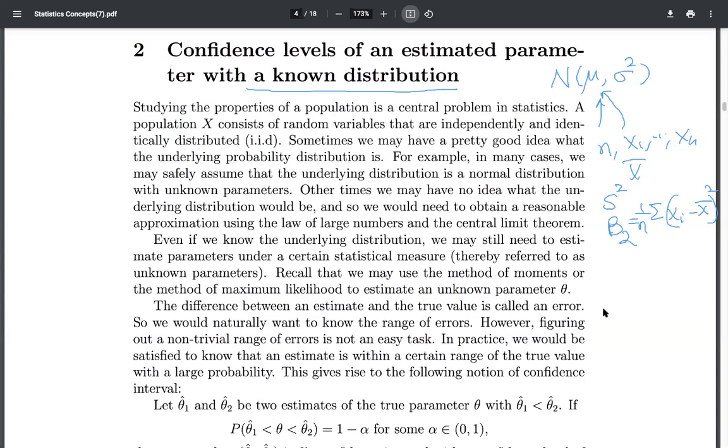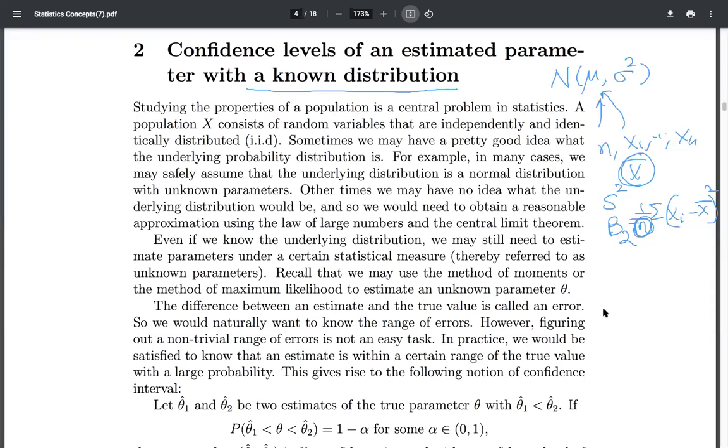But obviously, you can only pick a fixed number of samples. So then I want to know how good it is. We compute this value, so how confident we are this is close to the true value.